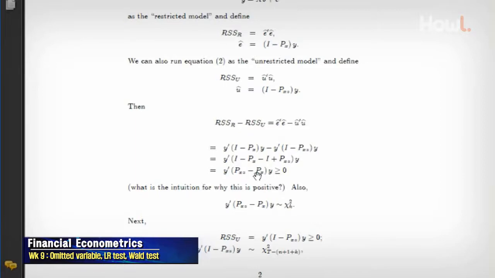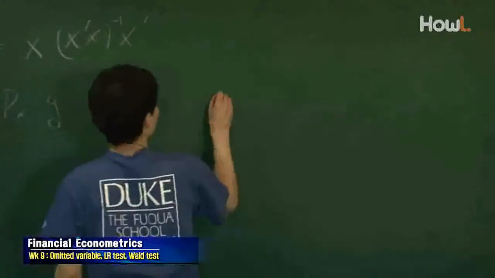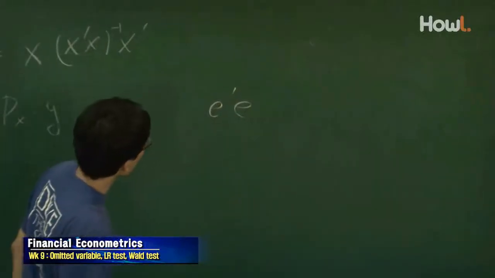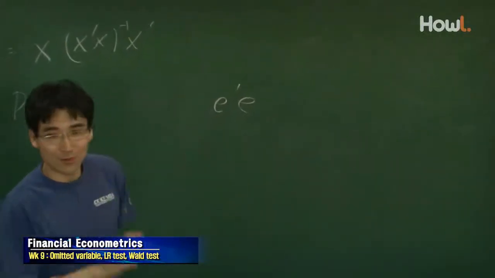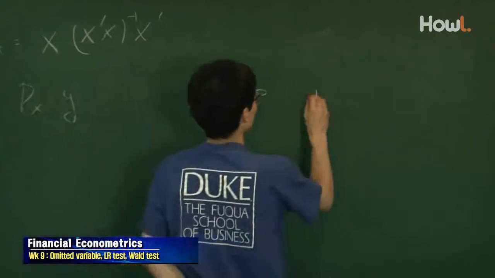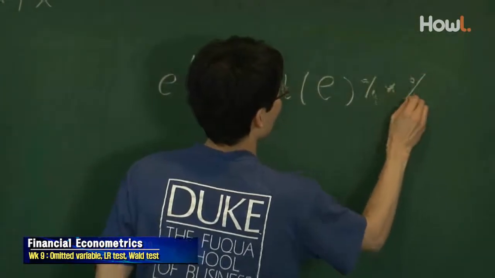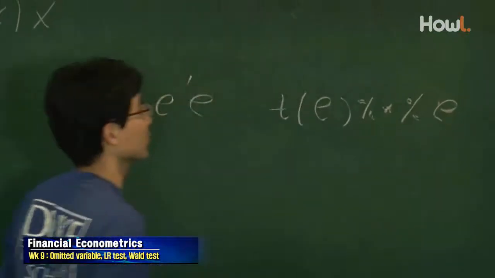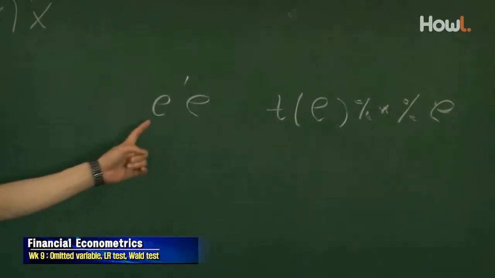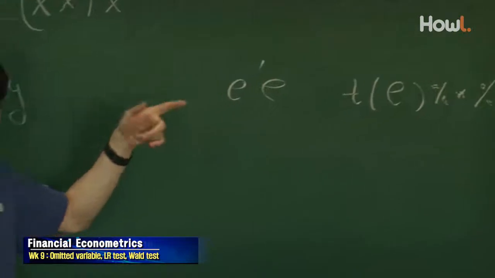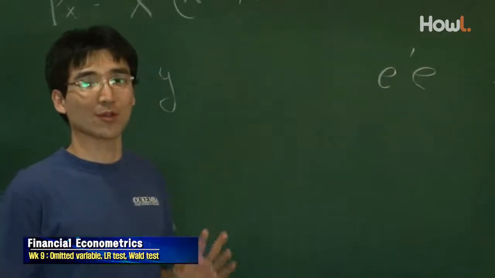So in R, we want to calculate this, right? To implement this, of course, we have to do this. This is the square of the individual elements and summing it all, right?